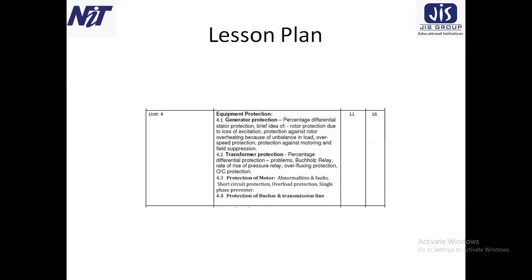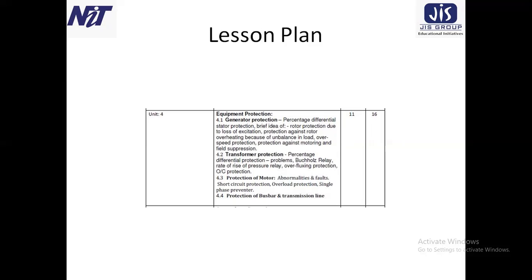Engineers need to know this subject very well, because when they become professional engineers, they have to face different types of problems in electrical systems. If they don't know what types of faults occur, what the solution methods are, or what the protection schemes are for these faults, it will be very difficult for them to deal with the systems. For that reason, to develop the basic idea regarding faults and protection, this subject is designed.